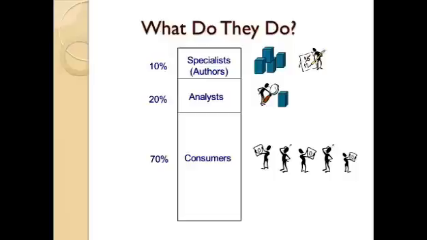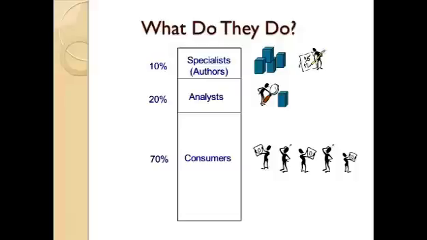So when we look at the users in more detail, generally speaking, we can classify them into three categories. They are consumers, they are analysts, and they are specialists. Consumers make up the largest user group. Even though they are shown at the bottom of the organization, that's actually not the case.